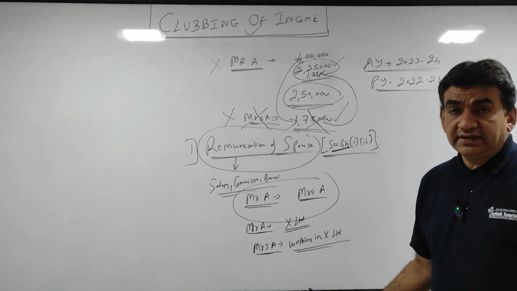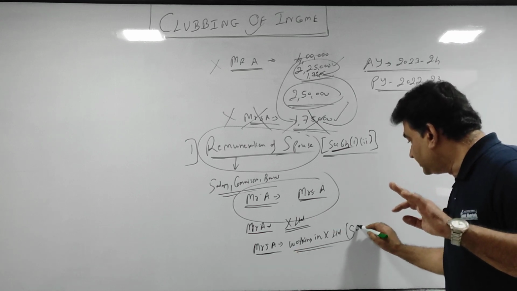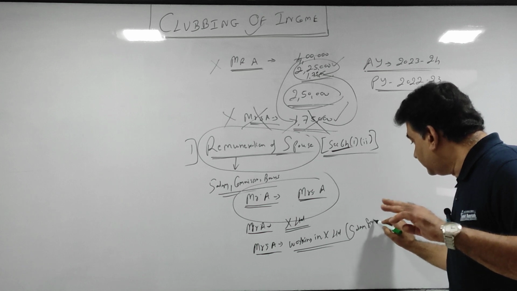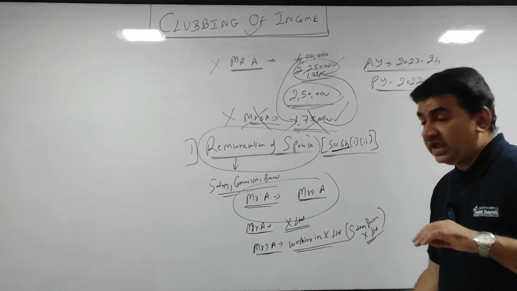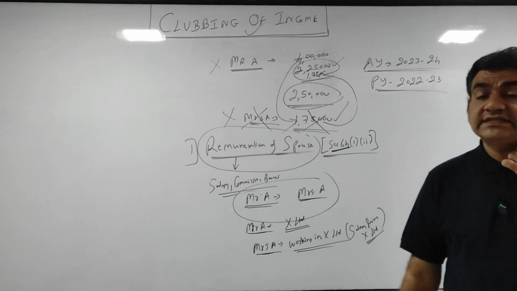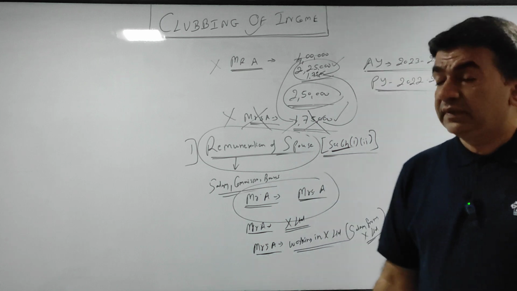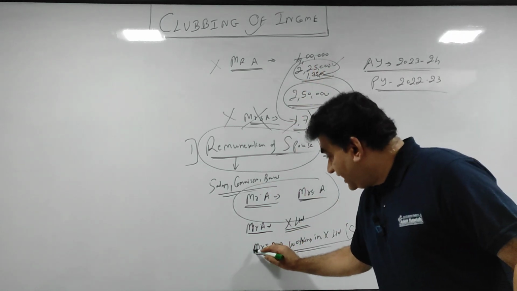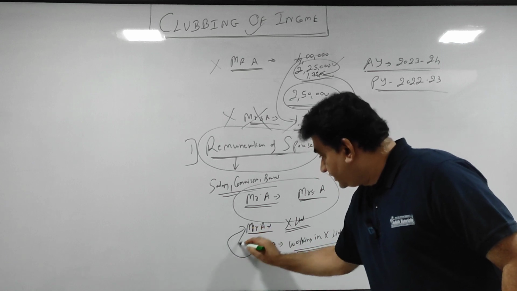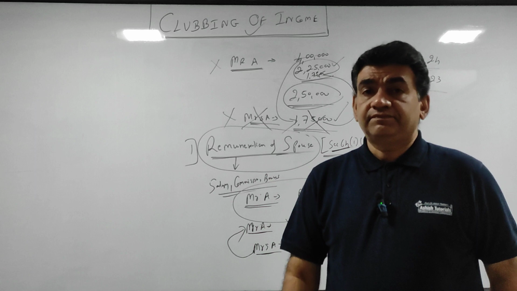Understand. In a few cases, if she is working, definitely Mrs. A is getting salary from X Limited. Now, what did I say in clubbing? Mrs. A's salary will be clubbed to Mr. A. I am making it very simple for you.